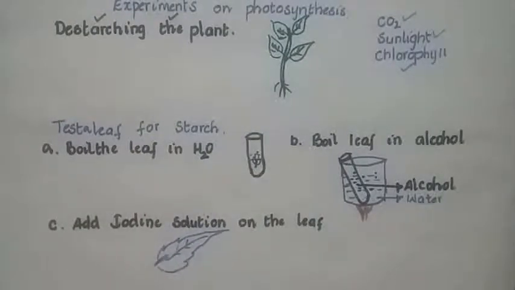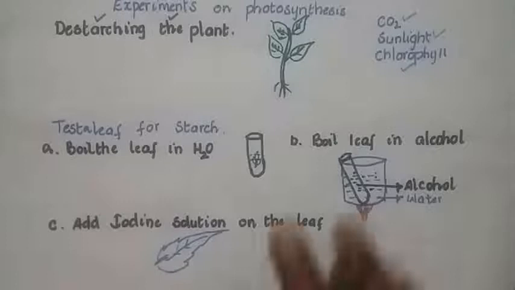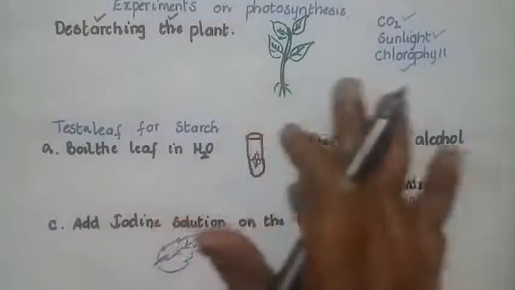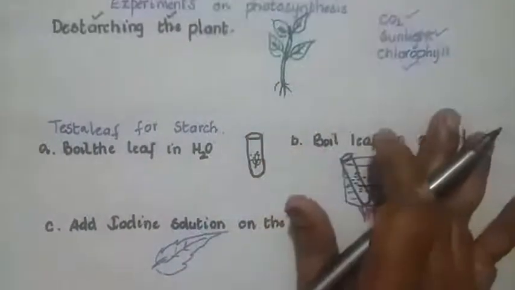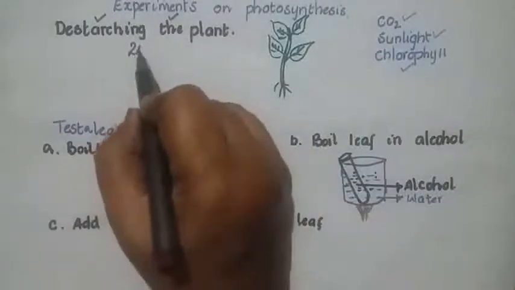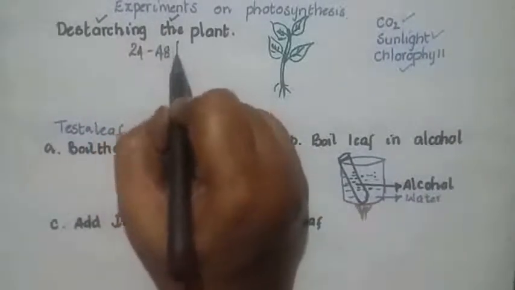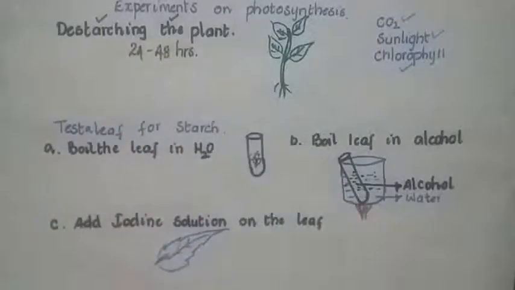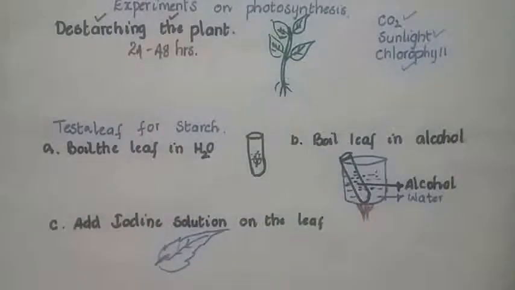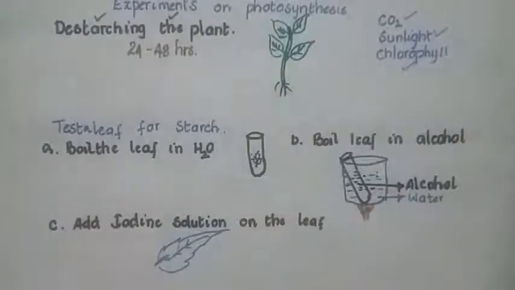So what you're going to do to destarch the plant, to remove the starch from leaves to the other parts of the plant, is keep that plant in a dark room or in the cupboard for about 24 to 48 hours. And remember children, whenever it is night, we know that all the starch found in the leaf changes into glucose and it is translocated to other parts of the plant, as we are familiar.